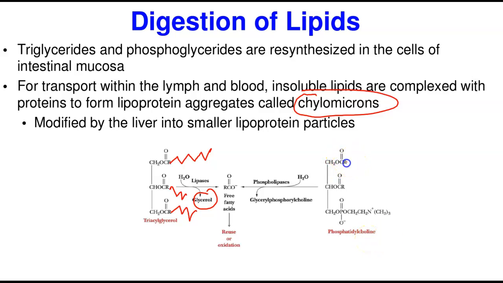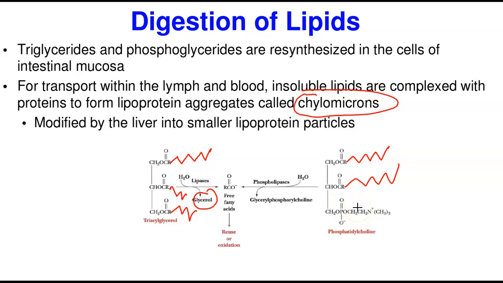Again, this is a fatty acid as R. This is another fatty acid. They're going to be broken here and released. And again, if it's going to be broken down completely, what it means is that this phosphoester bond will be broken to release the choline, and another one will be broken here to release the phosphate group.